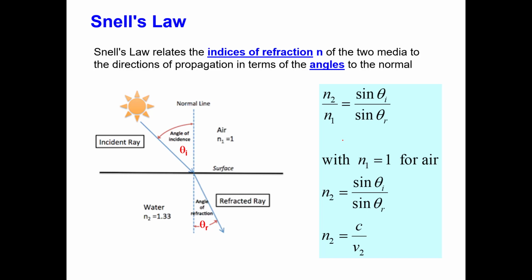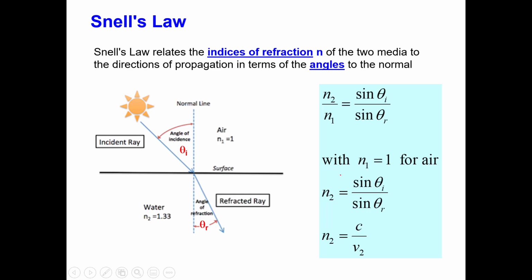Then in this particular case, let's see what happens if the first medium is air. This value equals 1. Then N1 equals 1. Remember, N2 divided by 1 equals N2. In the same way, 5 divided by 1 is 5, or 3 divided by 1 is 3. Then N2, the index of refraction in the second medium divided by 1, equals N2.